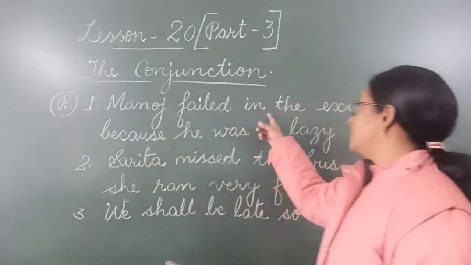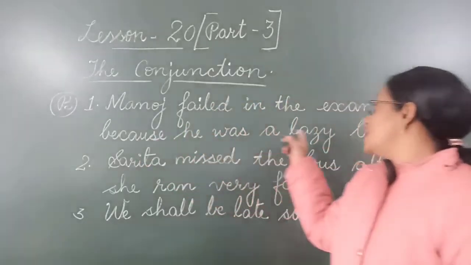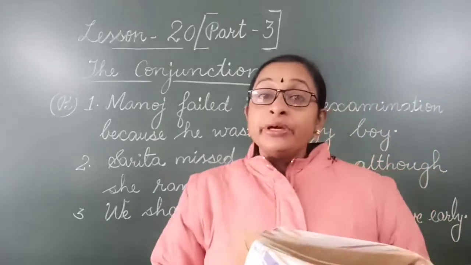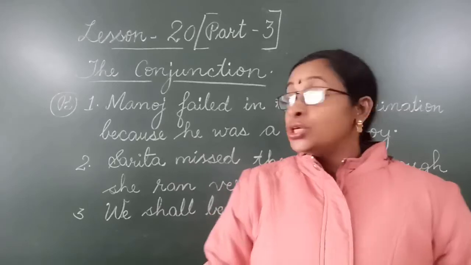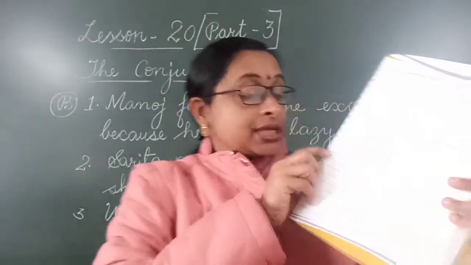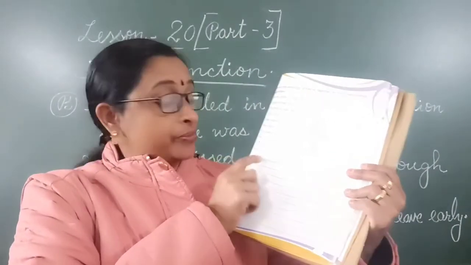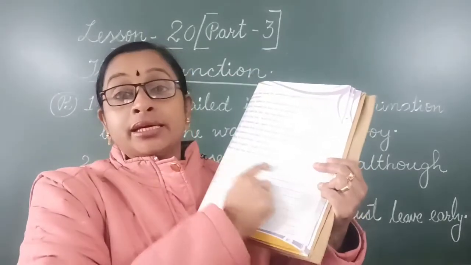Manoj failed in the examination because he was a lazy boy. Why Manoj failed? Because he was a lazy boy. Understood? So this line you have to write here where the lines are given. Here you put number 1 and write the answer here.